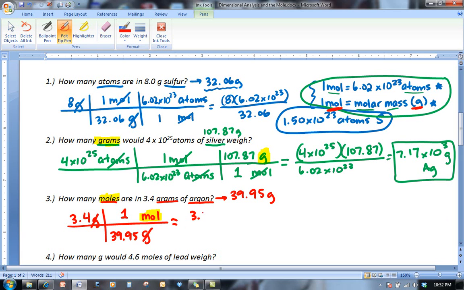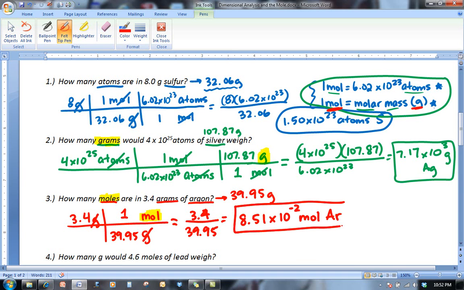So I'm going to divide 3.4 by 39.95, and when I do that, I get my answer of 8.51 times 10 to the negative 2nd moles of argon. So that is an example for numbers 4 and 5. So you should try numbers 4 and 5 on your own.